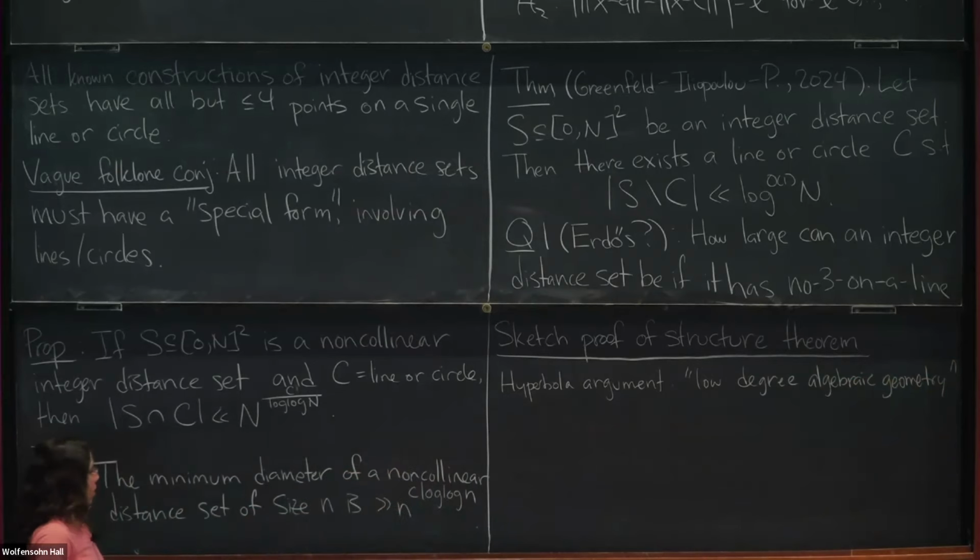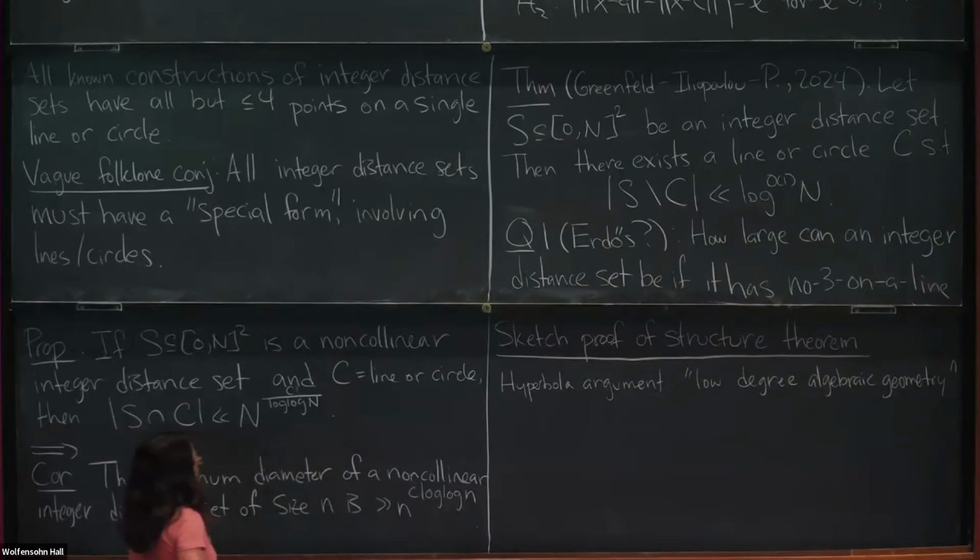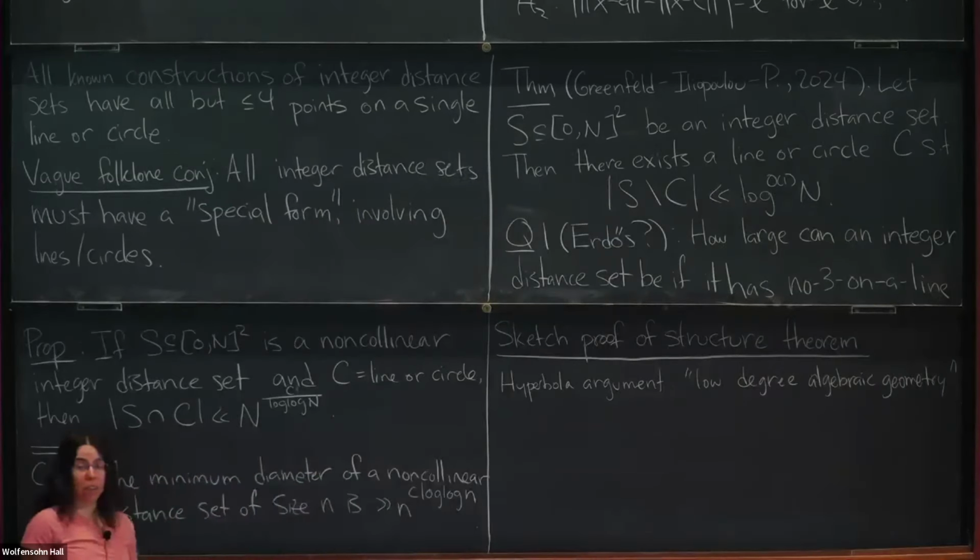And there are many such applications of low degree algebraic geometry to problems in combinatorics and discrete geometry. But basically this argument of Erdős hasn't been improved. So it seems like low degree algebraic geometry isn't the way to go for integer distance sets.